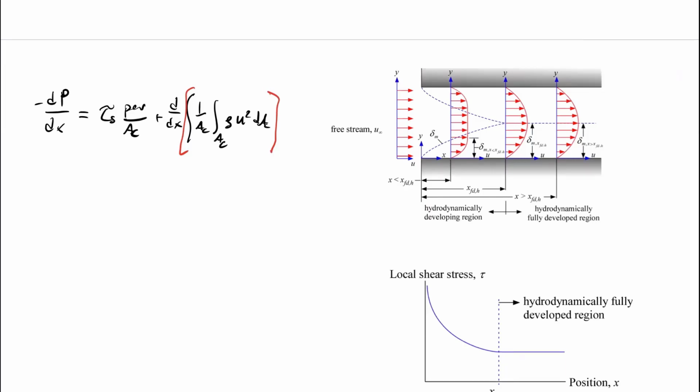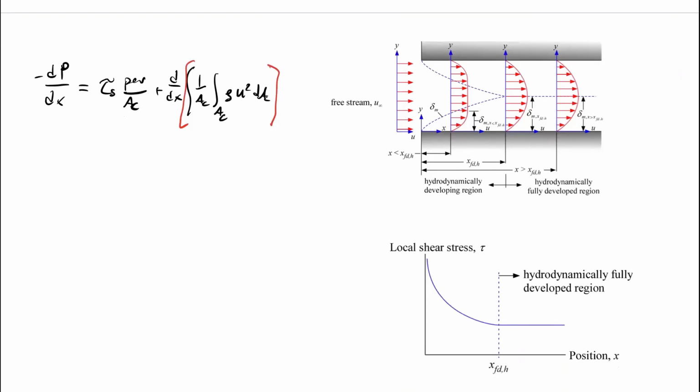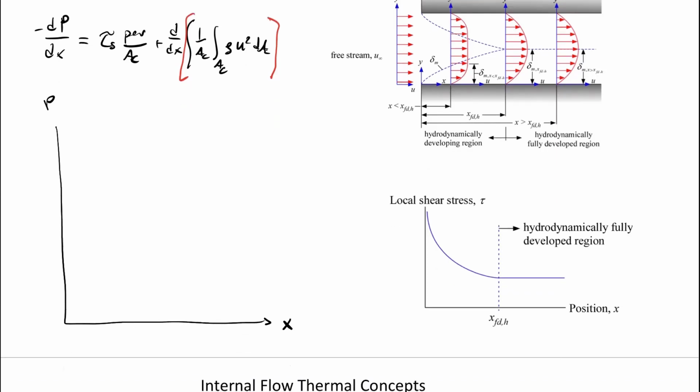So let's actually plot the pressure P as a function of position x, and let's say that at this location here, flow becomes fully developed. So this is x fully developed.